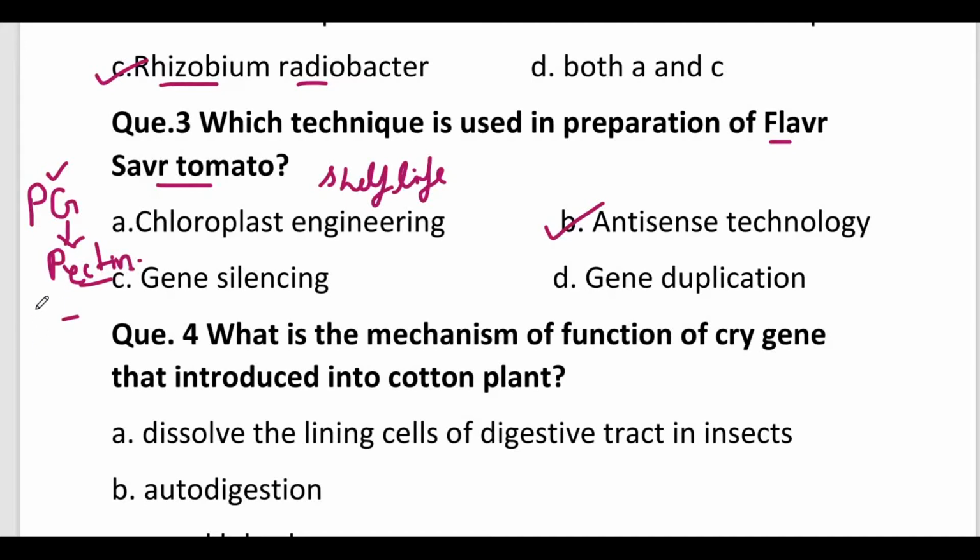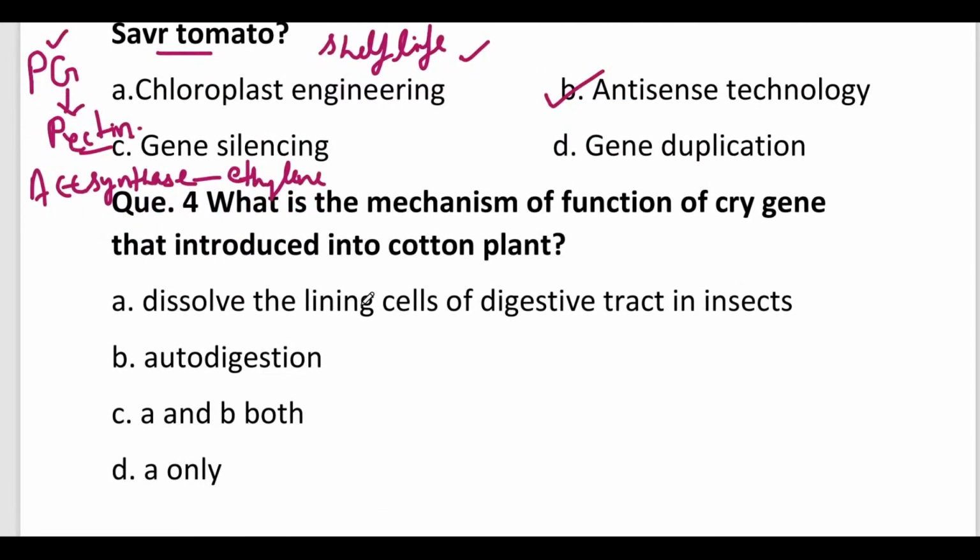The next mechanism is the ACC synthase enzyme. This ACC synthase enzyme is responsible for the production of ethylene hormone, and ethylene hormone is responsible for the ripening of tomato. So by anti-sensing both the genes, we can increase the shelf life of tomato.